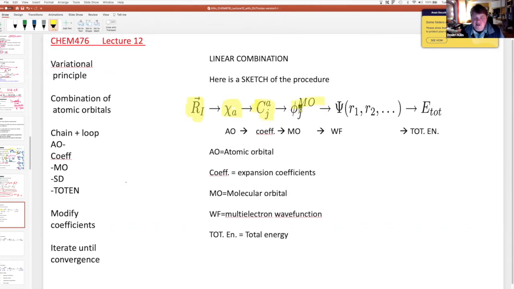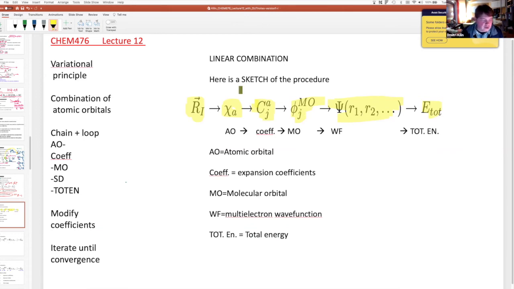Then we build molecular orbitals, and then we combine them together according to product or Slater determinant to construct multi-electronic wave function. And then as soon as we have multi-electronic wave function, we build total energy, and we tell whether it was a wrong or right thing.